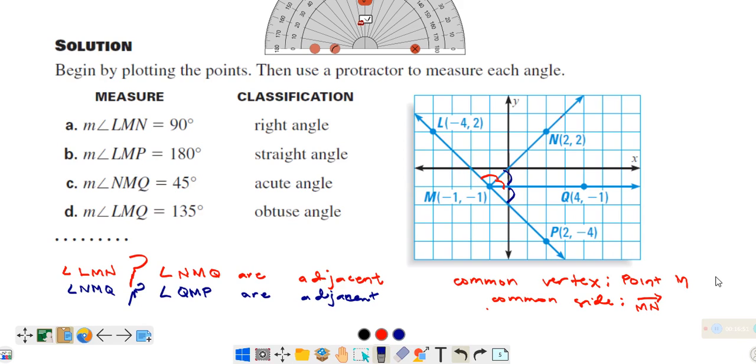So, anong common point? Again, point M. Ano ang common side? We have ray MQ. Okay? So, pwede nyo rin siyang tawaging line MN o kaya line MQ. It doesn't matter.